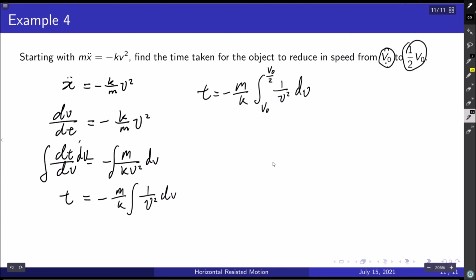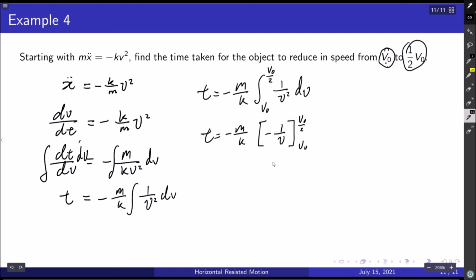Okay, and of course we can integrate this quite easily. So t equals negative m over k, and it becomes negative 1 over v, evaluated from v0 to v0 over 2.